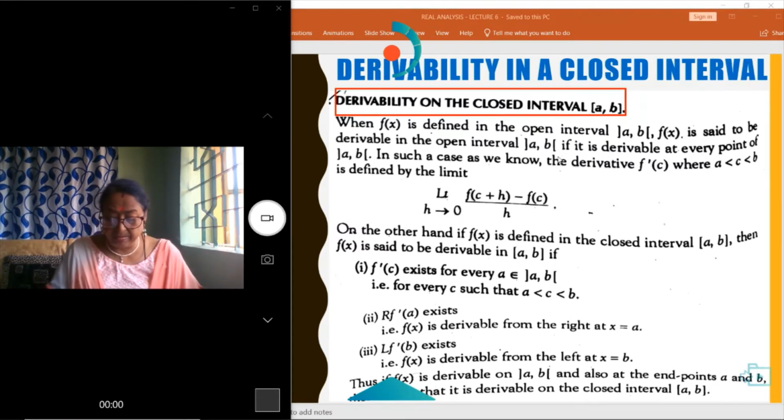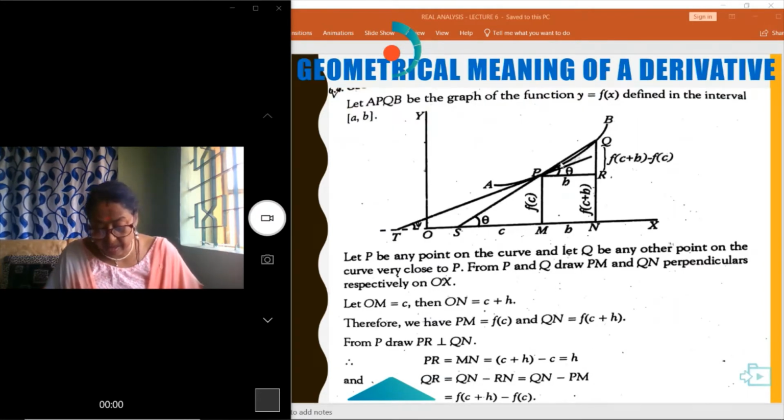Now the geometrical meaning of the derivative. Let AP be the curve and P be any point on this curve so that OM is equal to c, and Q be another point very close to P, and ON is equal to c plus h. Then PM is equal to f(c) and QN is equal to f(c plus h).